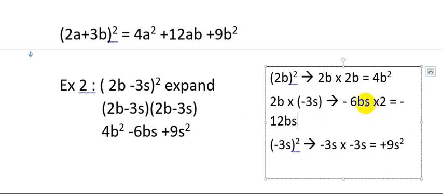It is not minus 6bs, it is minus 12bs, because after we multiply the two terms, that particular term we have to multiply by 2. And the last term, we take the square of the last term, which means minus 3s multiplied by minus 3s, which is equal to plus 9s square.